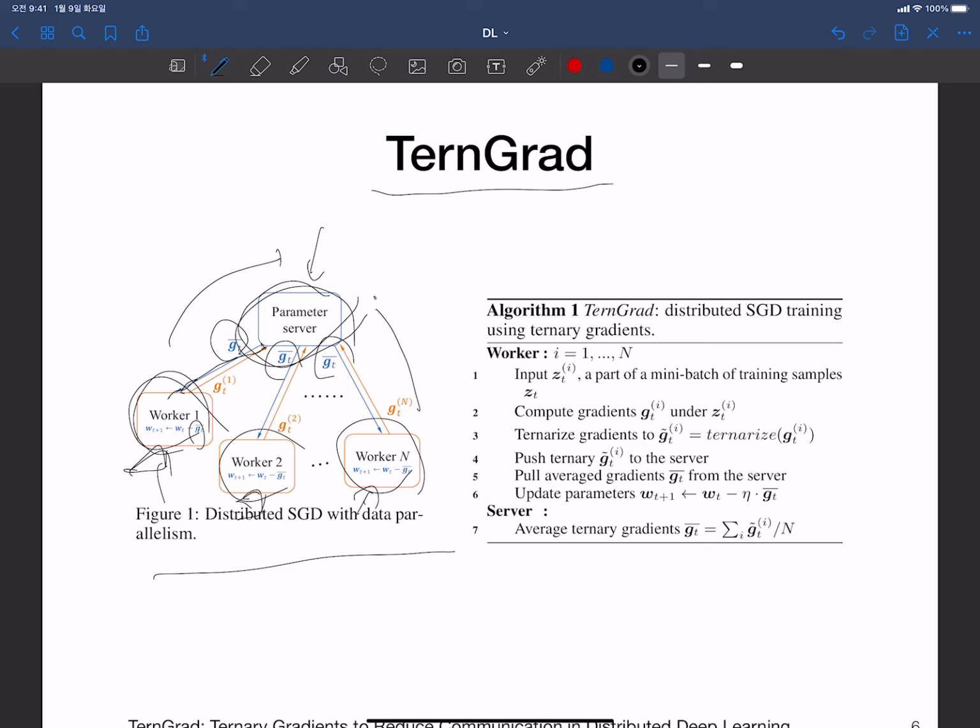Every iteration, each worker has to compute the gradient and then send the gradient information to the main server. So if we use a floating point variable to store each partial derivative, and you have 10 million parameters, then you need 10 million times 32 or 64 bits. Why? Because floating point requires this number of bits.